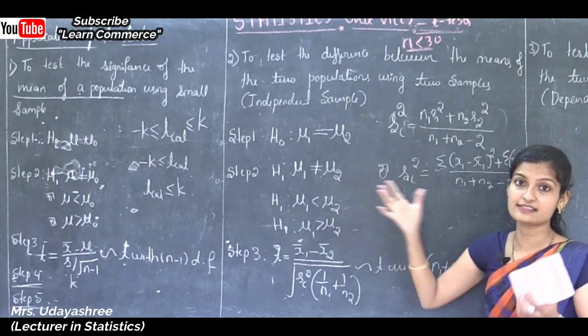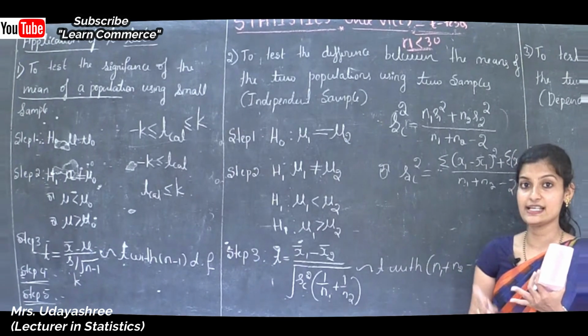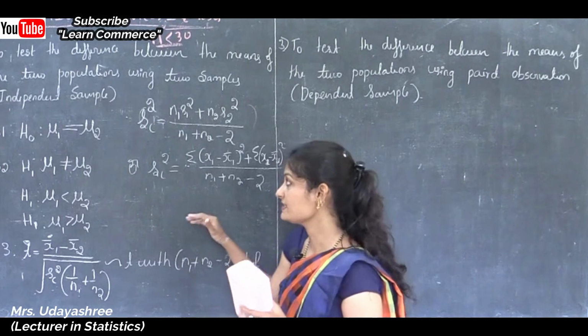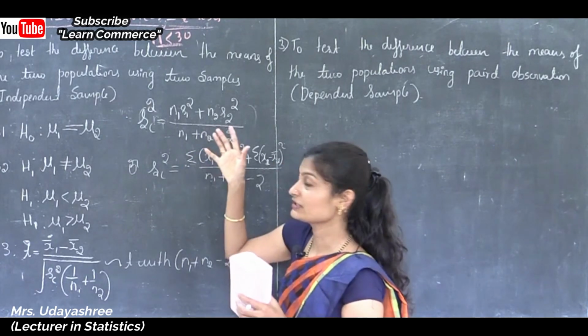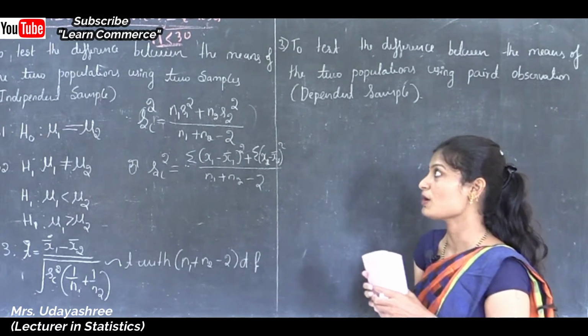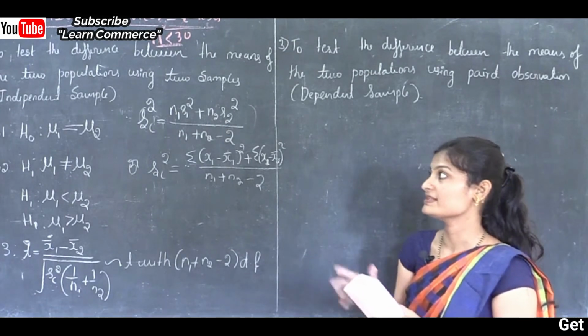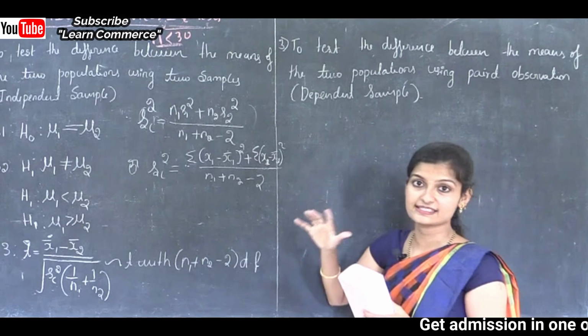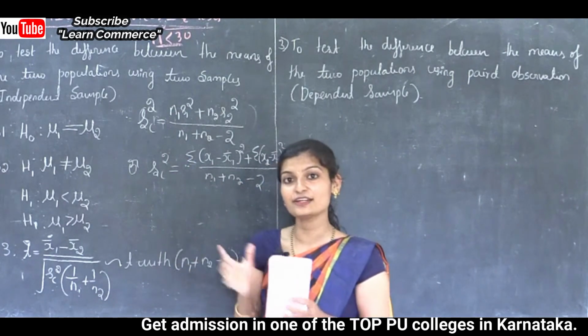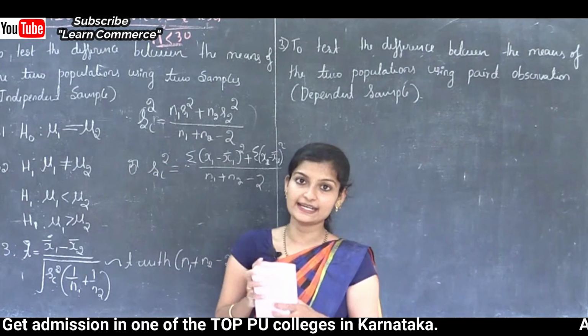We already discussed the conditions for the two-tailed, left-tailed and right-tailed tests. Okay, these are the test procedures to test the difference between the means of two populations using two samples. And this is an independent sample, in the sense that the sample sizes are not equal.